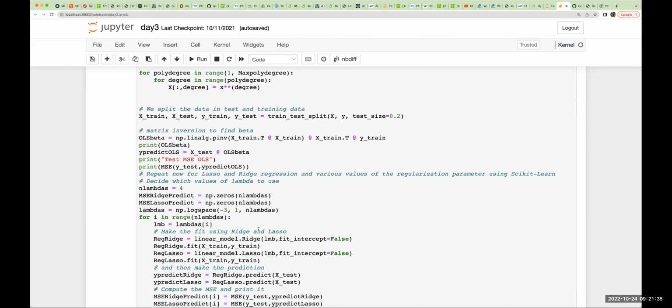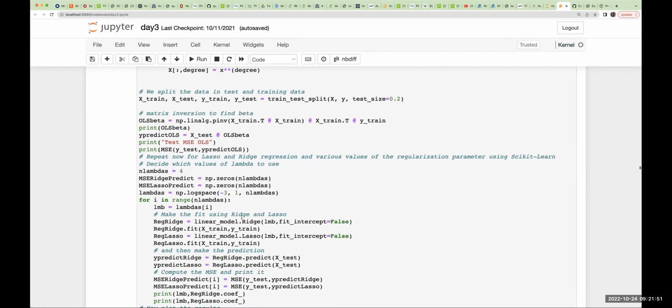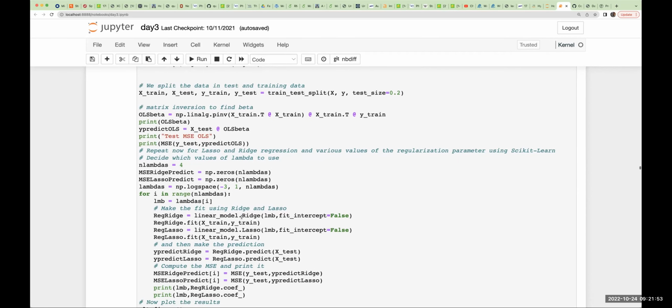I'm setting up a set of lambdas, only looking at 4, set up on a log scale, from 10 to the minus 3 to 10 to the first. And then I look at the values of my polynomial fit.